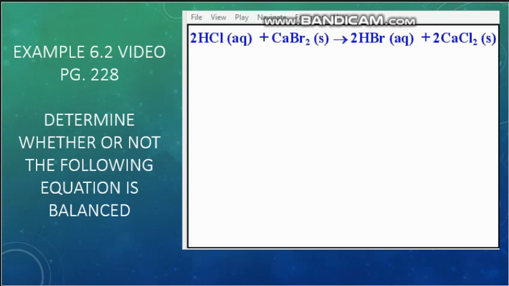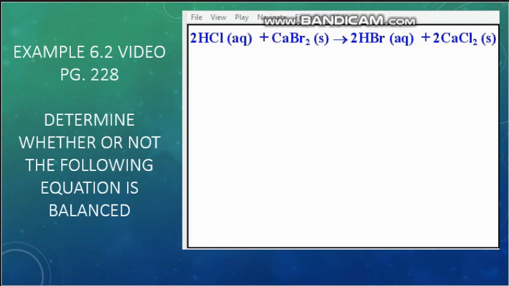I'm going to ask you to take a look at this right here. What's the problem with calcium? There's 2 on the right and there's only 1. Yeah. There's only 1 on the reactant side and there's 2 on the product side. So this is not a balanced equation. And that is the question. So if I ask you the question, is this balanced, you're going to say no.